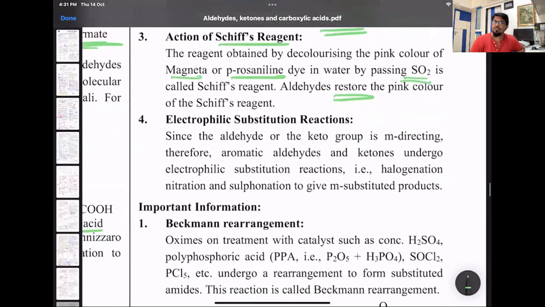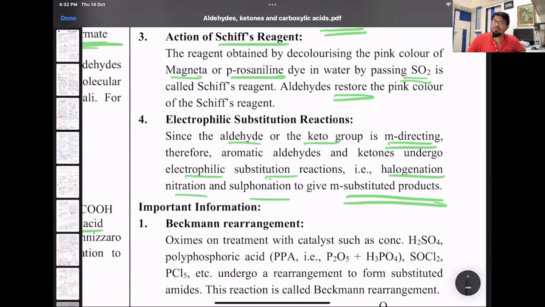Then there is also electrophilic substitution with the aromatic ring, because the aldehydic group in an aromatic aldehyde or ketone is meta-directing. That's why in electrophilic substitution we have halogenation, nitration, sulfonation to give meta-substituted compounds.